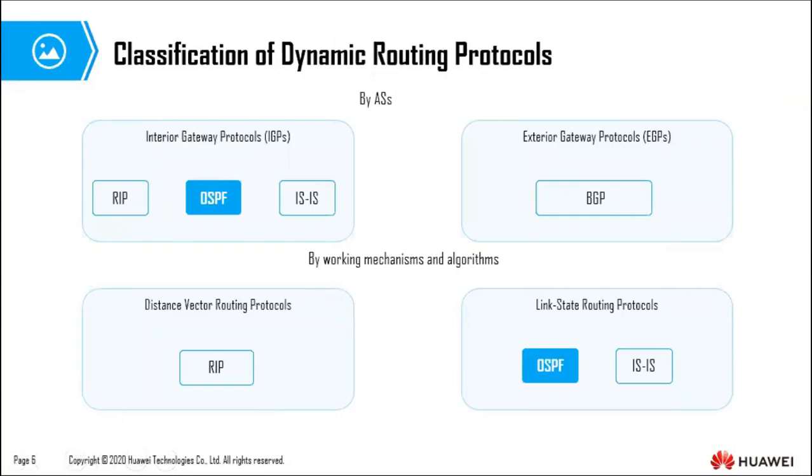Okay, so to cater for these problems, they created what we call dynamic routing protocols. Dynamic routing protocols are classified in one of two ways. One of them is by the autonomous system, AS.